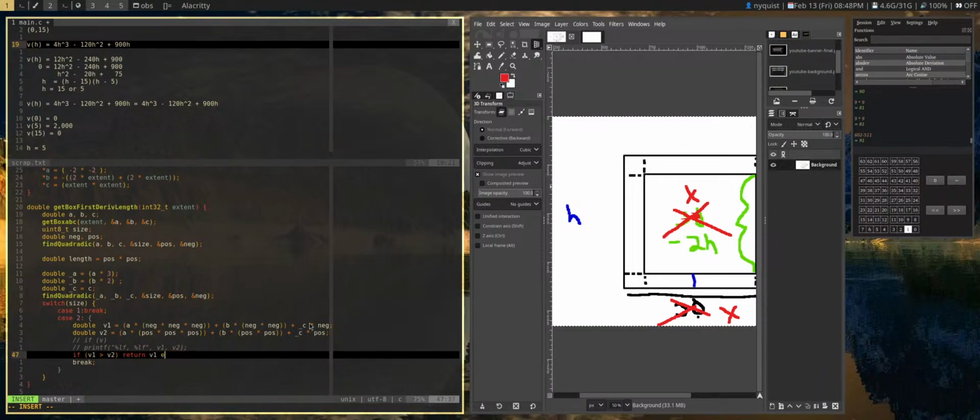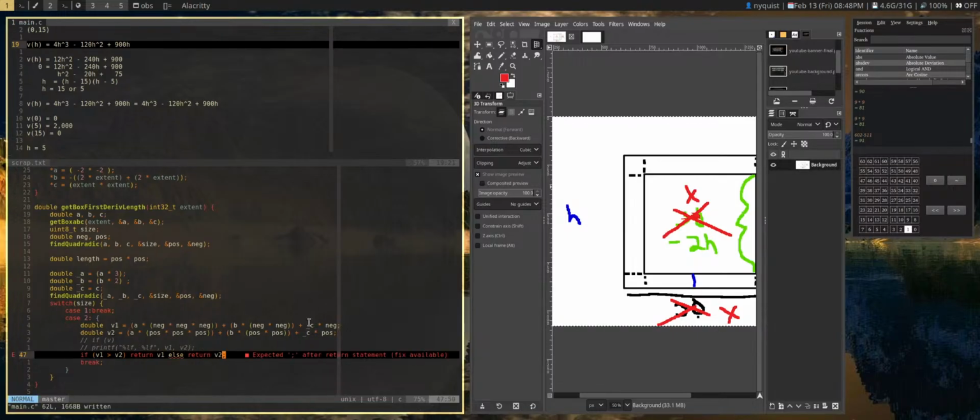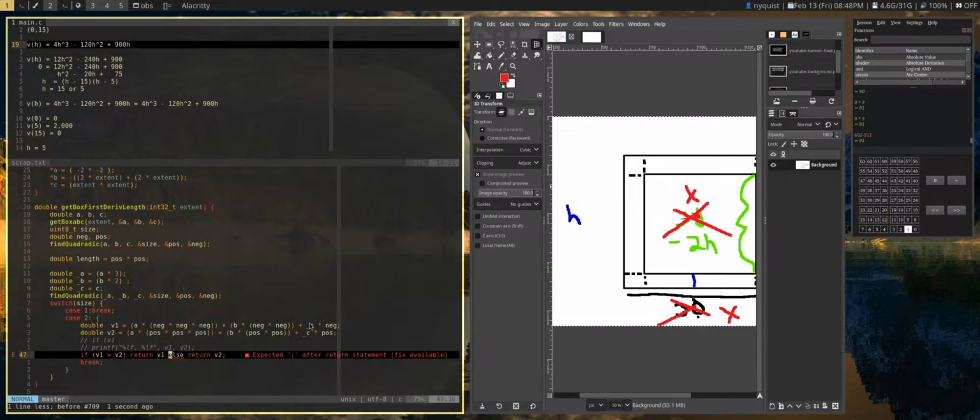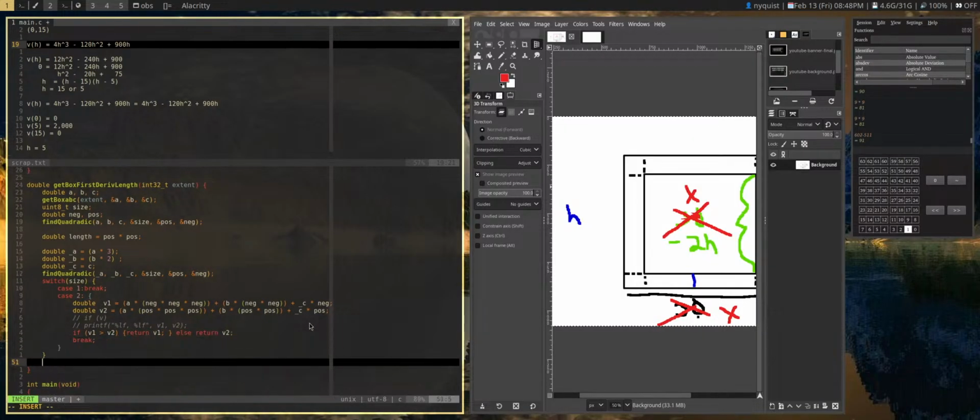Can I do an else like that? I wonder. I don't think I can. Yeah, I think this has to be in a block like this. Otherwise, return, I don't know, I'm just going to return 0.